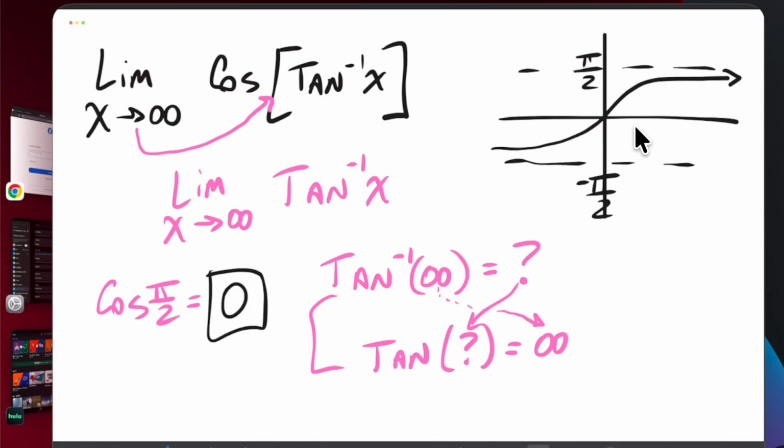So as x approaches infinity, the y value approaches pi over 2. So you can either use the graph or you can use the unit circle to establish that that inside limit exists. That allows us to bring the limit inside the function and then take the cosine of that limit, which is 0.